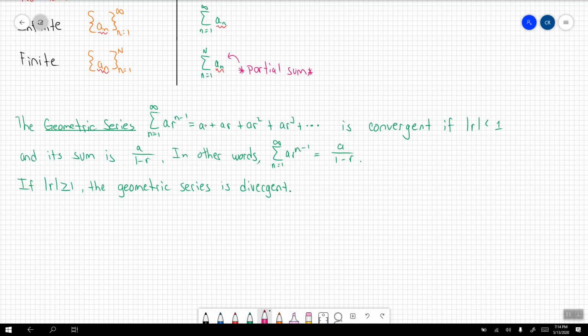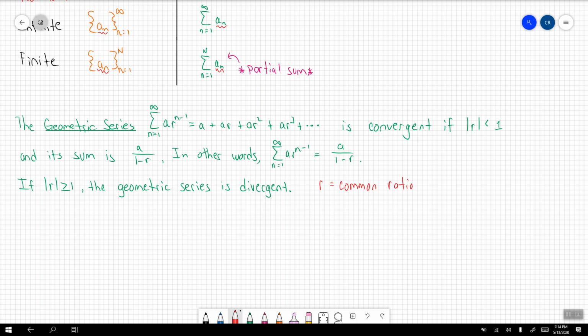We want to extract the very first term that we're going to be adding. In other words, what is that A value? Number two, if it's a geometric series, that means this has a geometric sequence associated to it, which means we have a common ratio. So R is your common ratio.